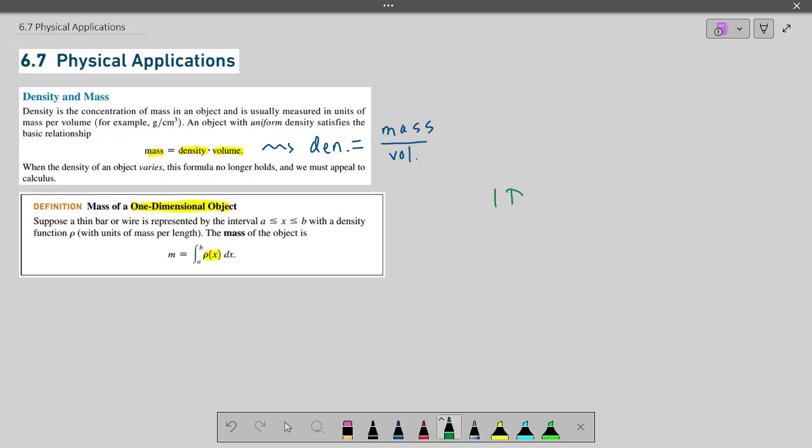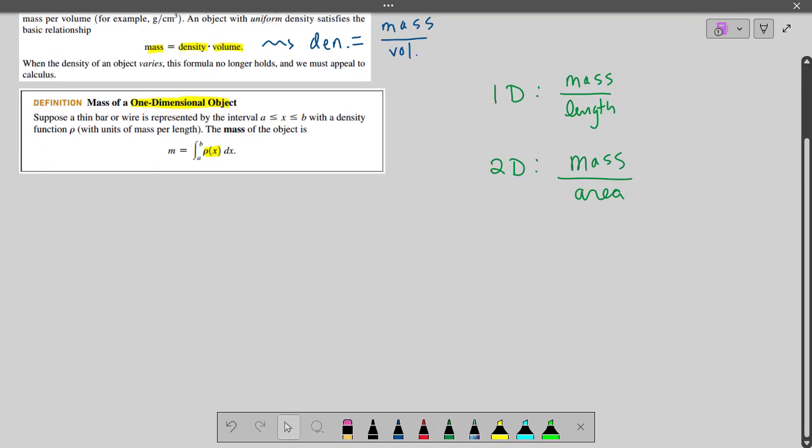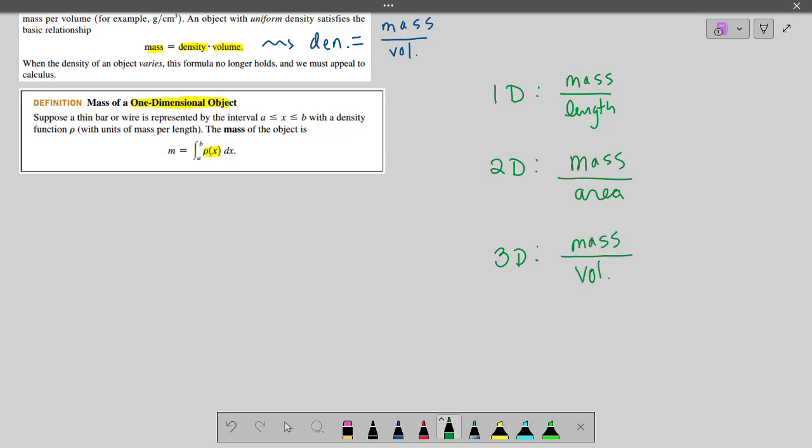In 1 dimension, we are thinking of mass per unit length as opposed to mass per unit volume. In the 2-dimensional case, like a sheet of metal, density will have units of mass per area. And in the 3-dimensional case, you will have mass per unit volume.